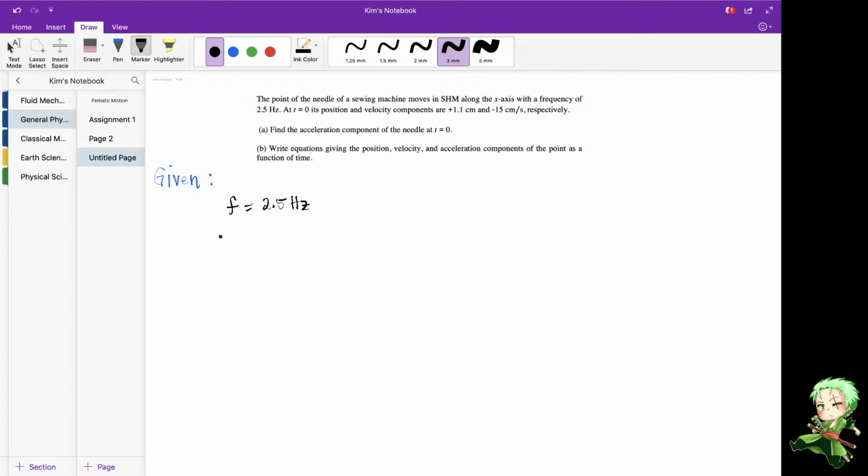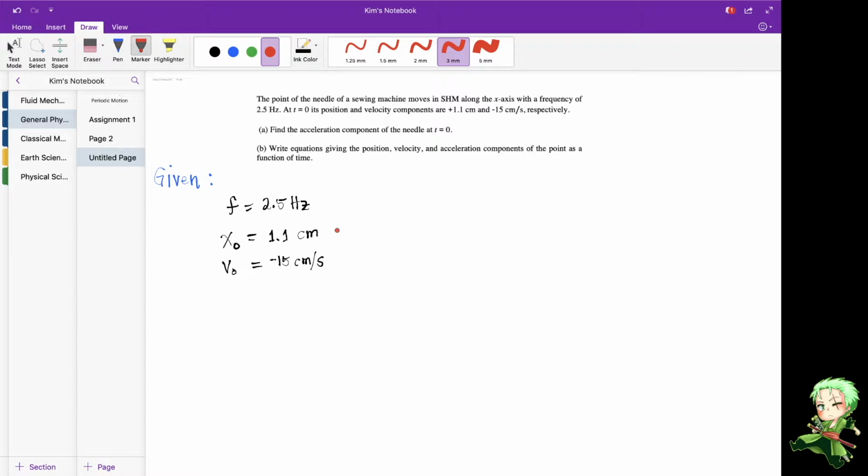Another is x sub 0, or x naught, at 1.1 cm, meaning it's the initial position. The same goes with v naught, the initial velocity, which is given to be negative 15 centimeters per second.